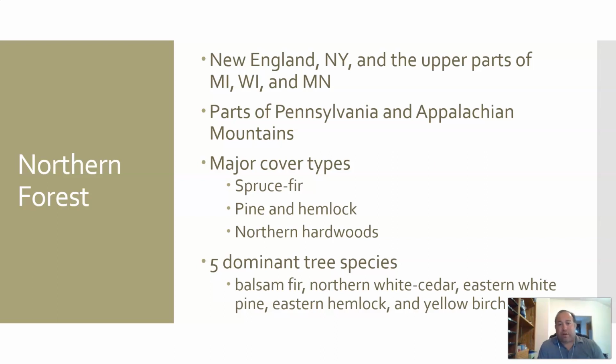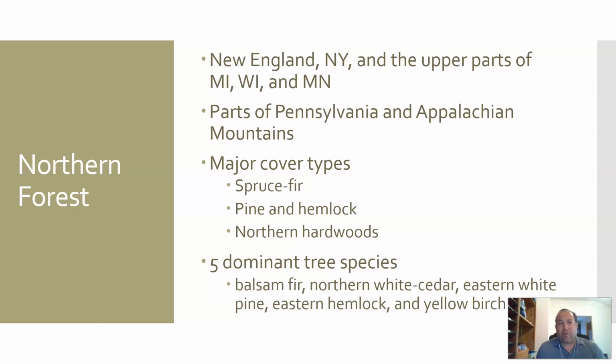For the northern forest, we're focused on the New England area, New York, upper parts of Michigan, Wisconsin, and Minnesota, so the Great Lakes areas, also parts of Pennsylvania and the Appalachian Mountains. Our major cover types, remember these are the ones that are covering about a quarter of the area, are spruce, fir, pine, and hemlock, and northern hardwoods.